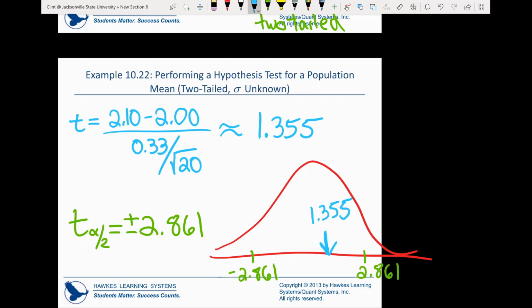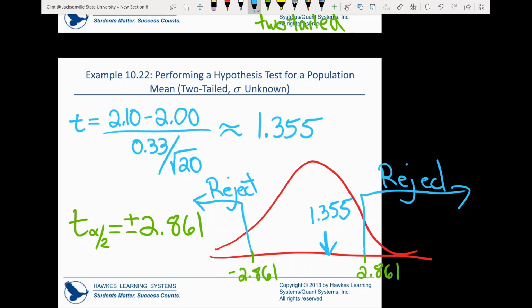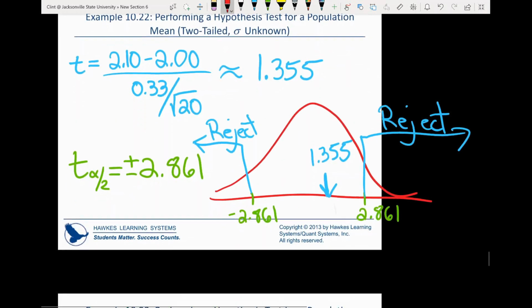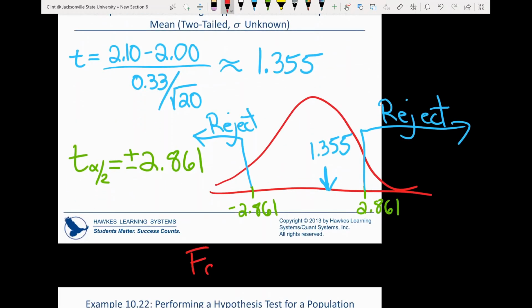Okay, so we don't get to reject the null hypothesis because these are the rejection regions in the tails. But our test statistic doesn't fall in the tails, it falls right in the middle of the curve. So our conclusion here, again, is that we fail to reject the null hypothesis. So not all that much different from section 10.2, we're just using rejection regions instead of p-values here.